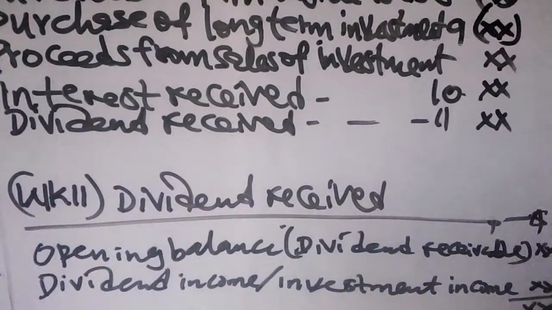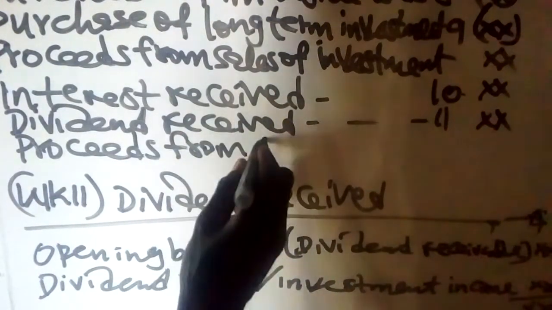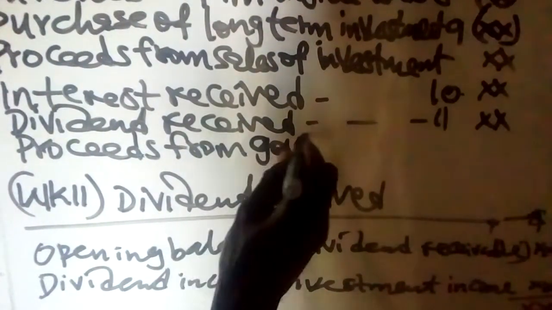Then the next item, I'm still on investing activity. The next item under investing activity which I'm going to consider is the proceeds from government grant. This may be given and it may not be given.